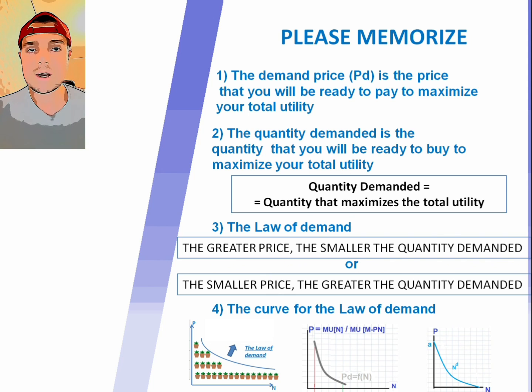The smaller the price, the greater the quantity demanded. To easily infer this law, please remember what quantity of pineapples you can buy when your money is restricted and your willingness to pay is infinitely large. It is the first way to infer the demand law considered in this video.